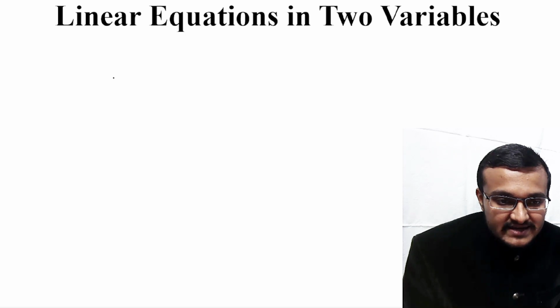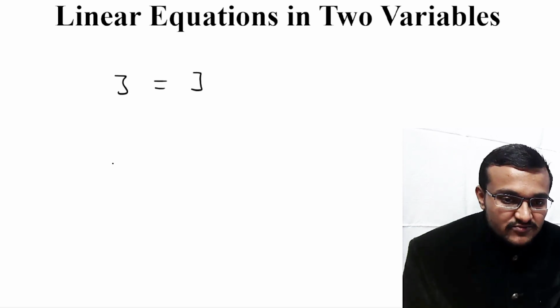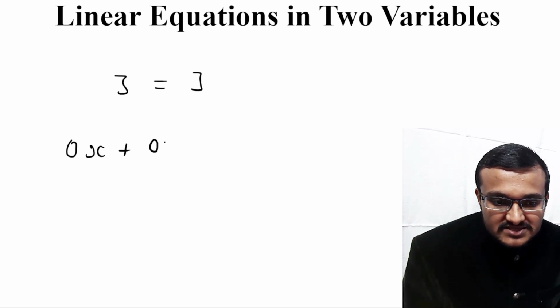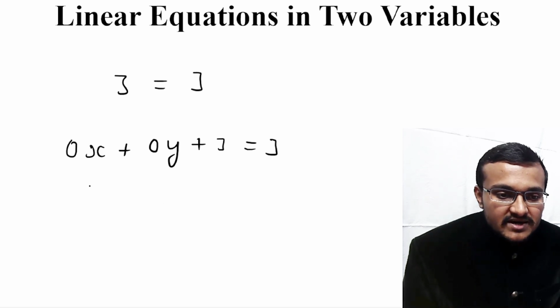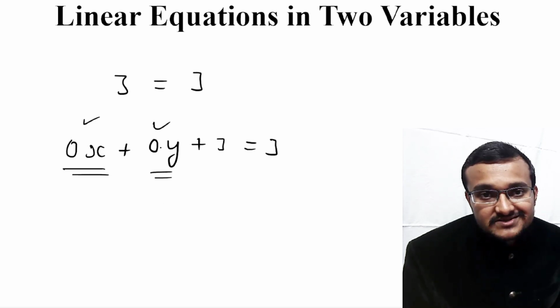Now for example, if I take 3 is equal to 3, here I can write this as 0x plus 0y plus 3 is equal to 3. Here the x coefficient is also 0, and the y coefficient is also 0.